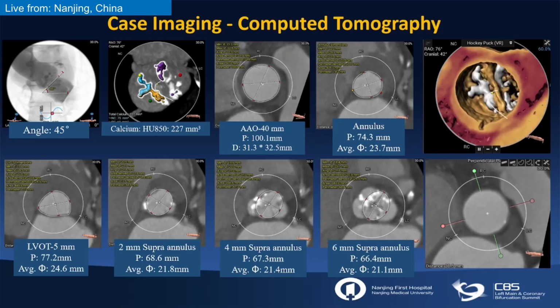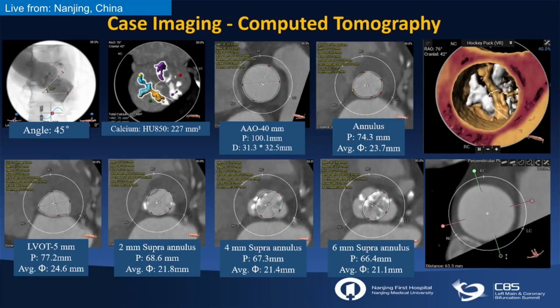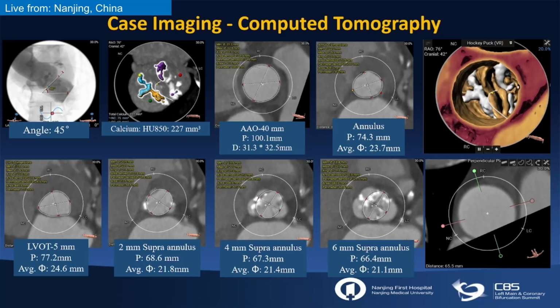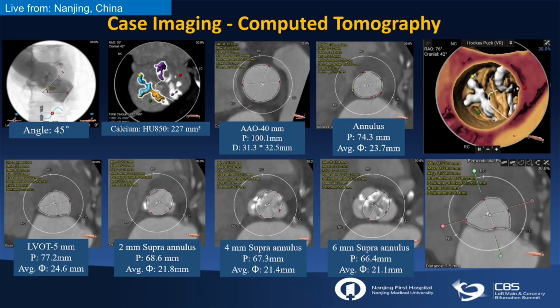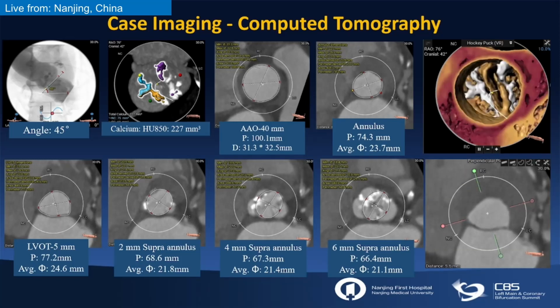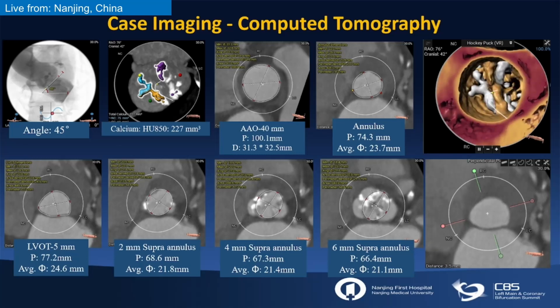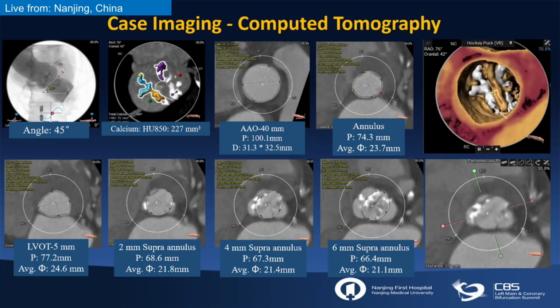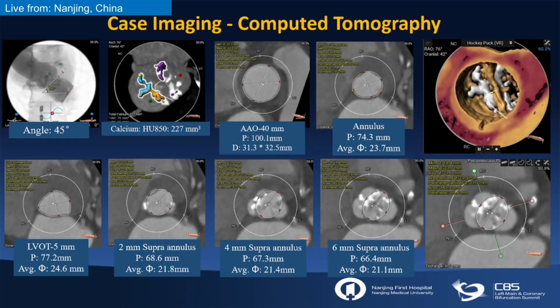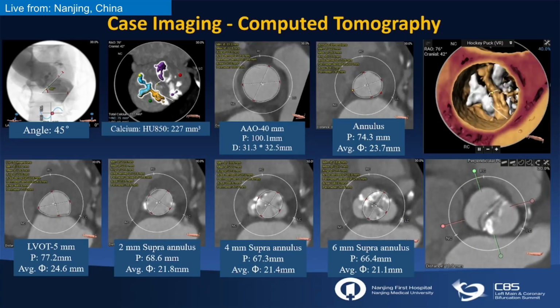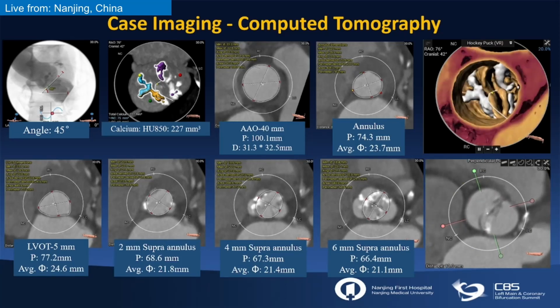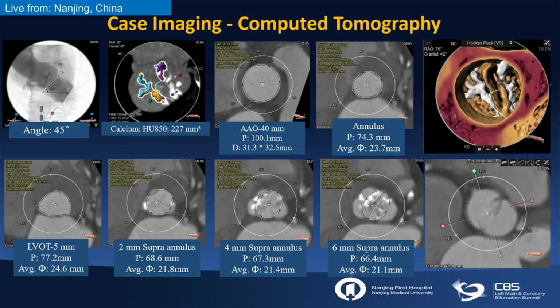And in terms of the aortic diameter, it's not enlarged, only 32. And the mean annulus diameter is 23. And the LVOT 5 millimeters below the annulus is also 24 millimeters. So typically, from the CT analysis, it's bicuspid valve aortic stenosis. Next.